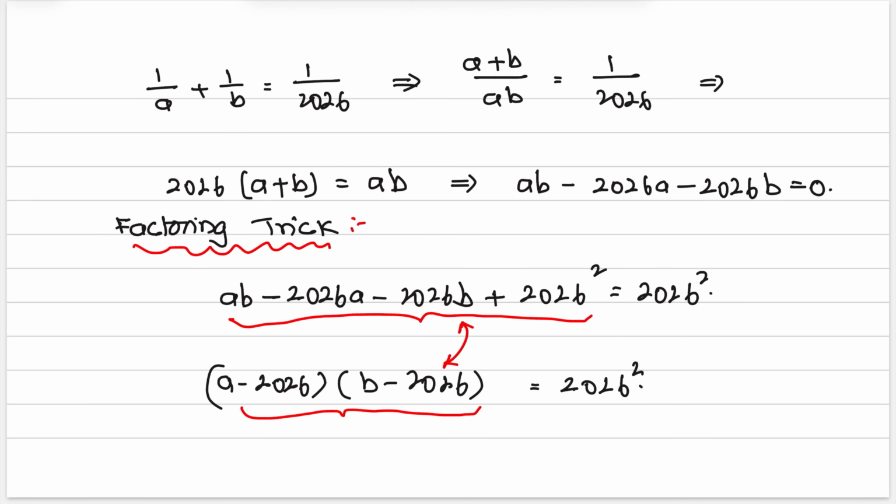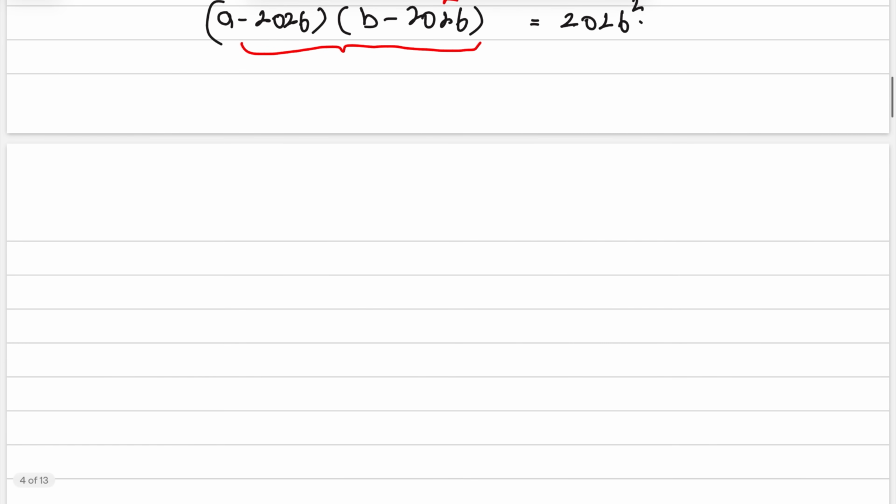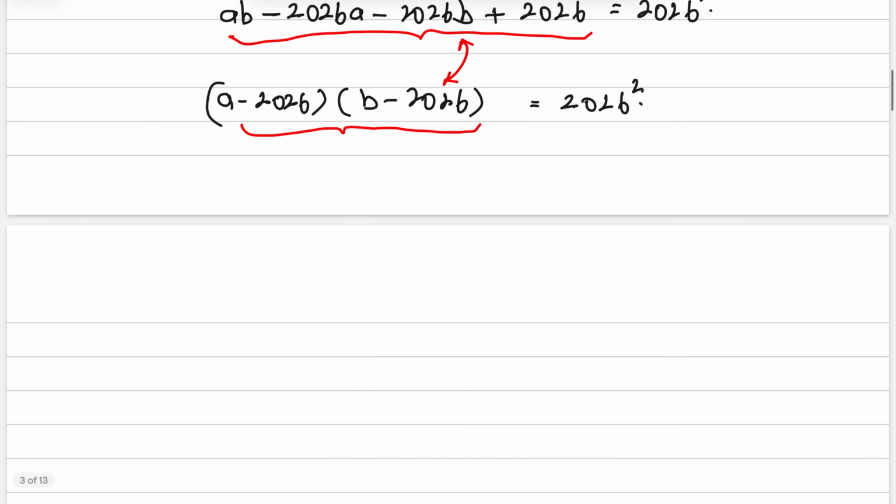Now, we have to go for prime factorization of 2026. You see, first the factoring trick we have used, we have brought it into a form, A minus something into B minus something is equal to some value. Now this is that some value. This is from the factoring trick.